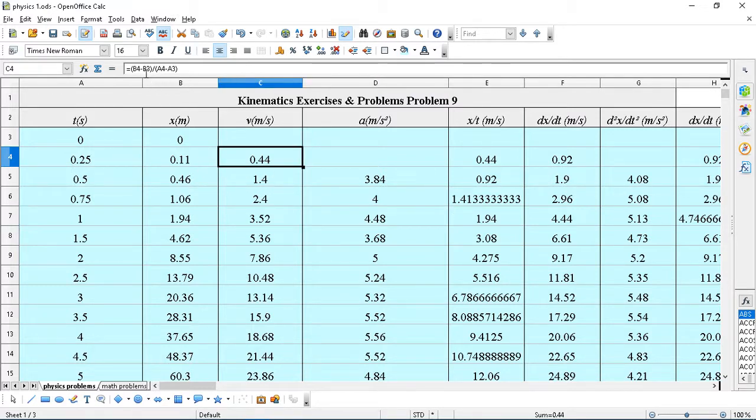So B4 minus B3 over A4 minus A3 gives me the difference in position over the difference in time to give me the approximate value of velocity, which will correspond to the cell C4.